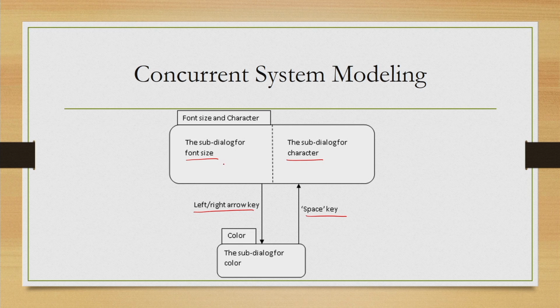So, that should be taken into account while modeling the subdialog for these substates font size and character. So, that is all about the basic idea of how we can use a formal notation to model an interactive system.